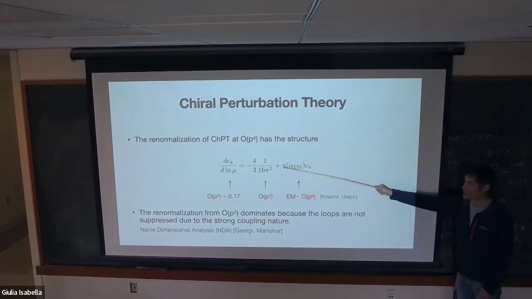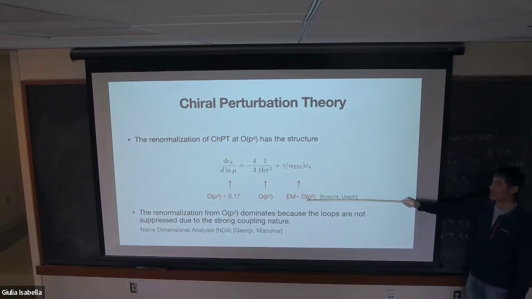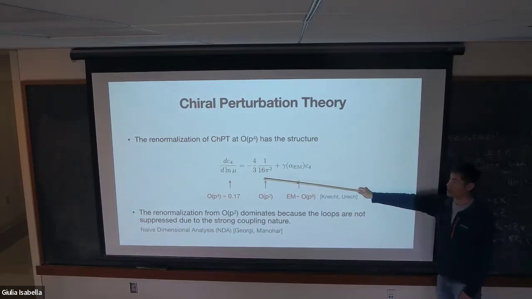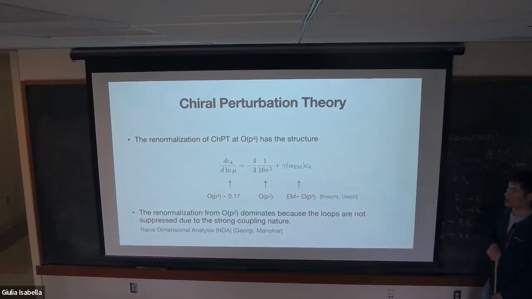Therefore, this contribution is actually very small, like order p to the 6, compared to the other contribution. So even though we don't have the full control of the RG for chiral perturbation theory, phenomenologically it's dominated by this particular term, which governs the direction of the running.